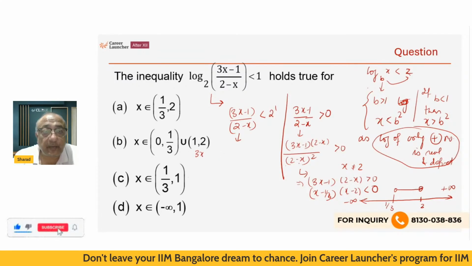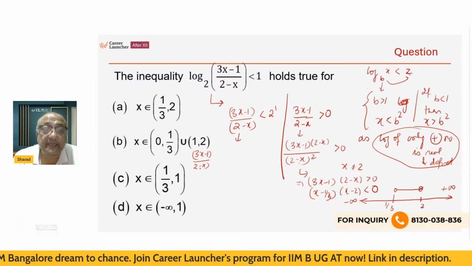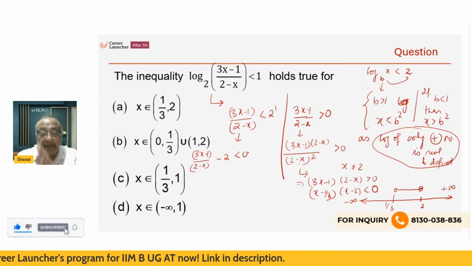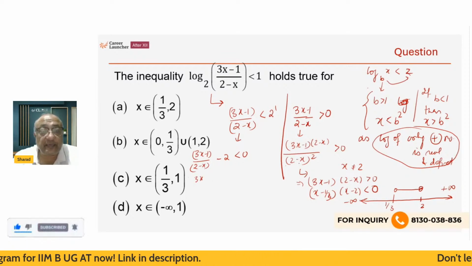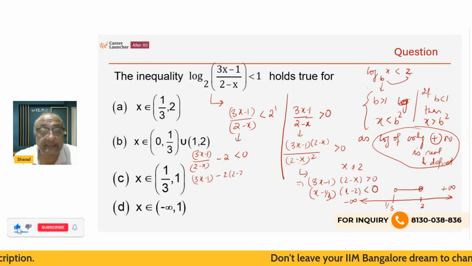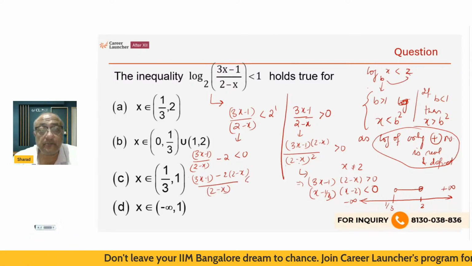To solve this part, always remember, do not take 2 minus x to the other side and make cases. That's a waste of time. Take 2 to this side. This will be (3x minus 1) minus 2 times (2 minus x) upon (2 minus x) less than 0. So simple.